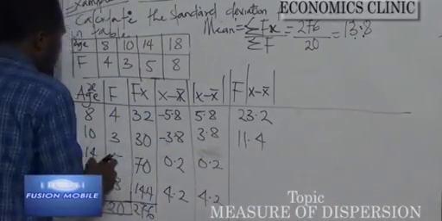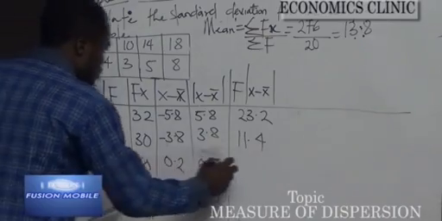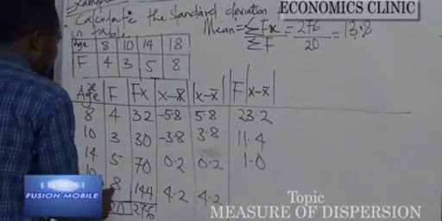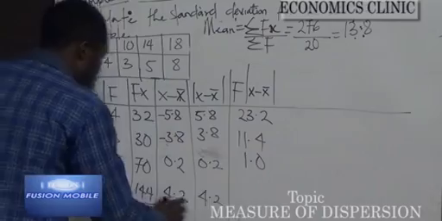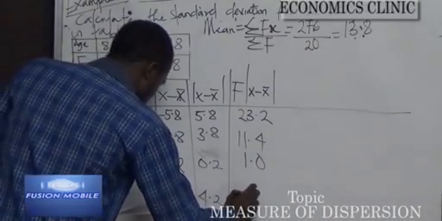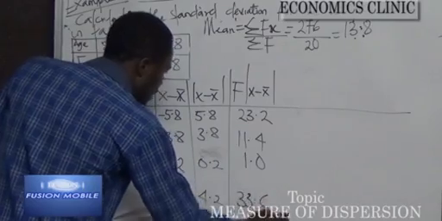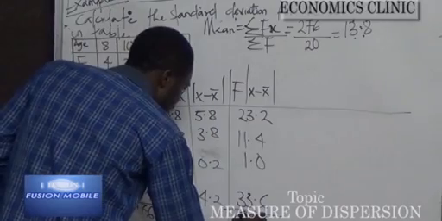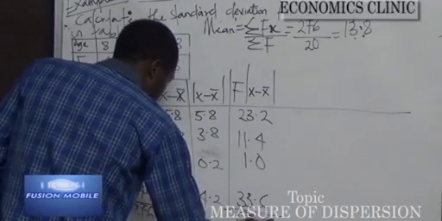Next one is 5 times 0.2 gives us 1.0. Then the last one, which is 8 times 4.2 gives us 33.6. So we add these values together, we have 69.2.